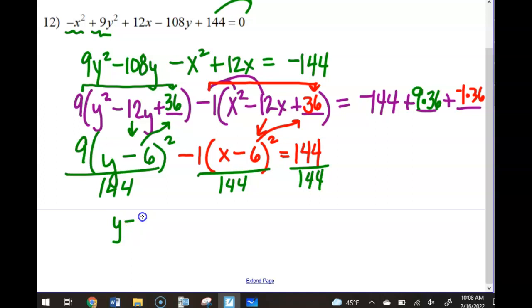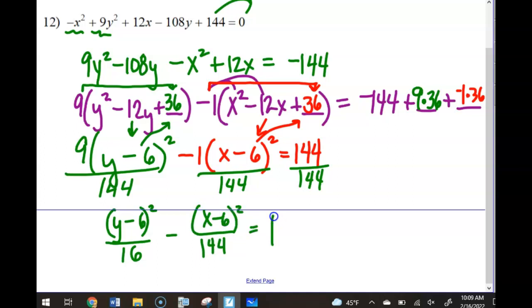Is that what you said? Okay, it's 1/16, so a 16 in the number. Okay, that's what I thought. And this one is just 1 over 144. And an x minus 6. And over here we have 1.